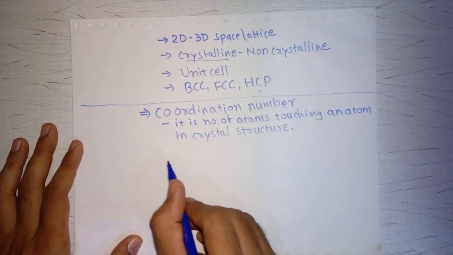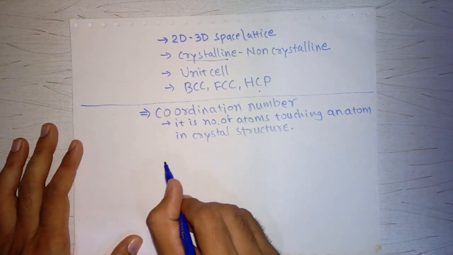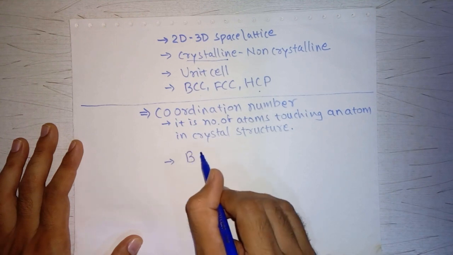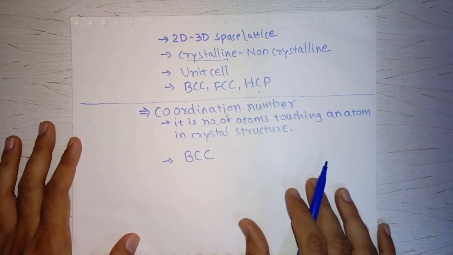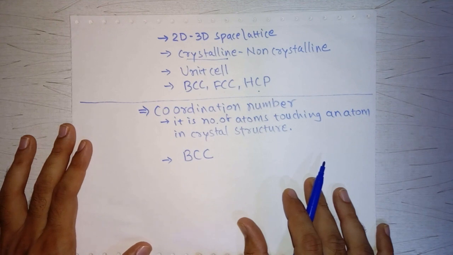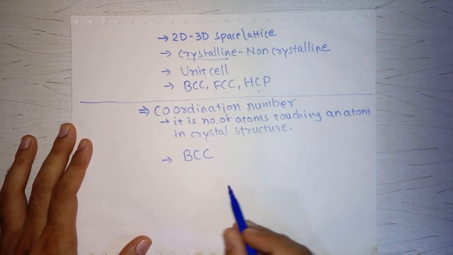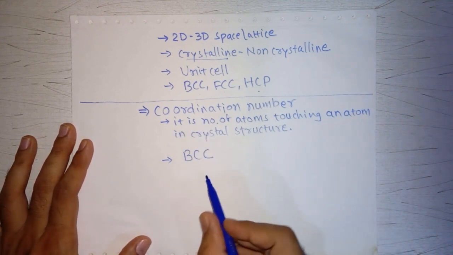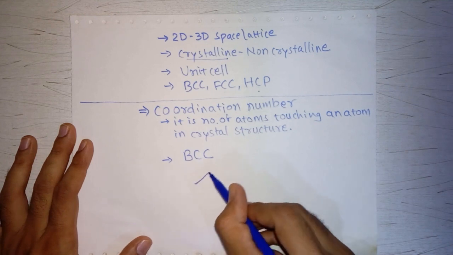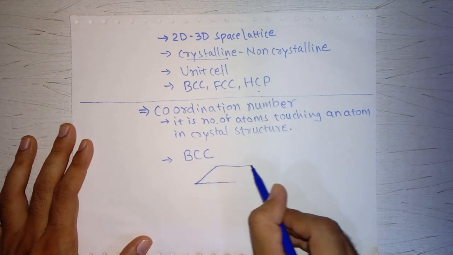Let's first see BCC. Now in the previous lecture we represented the BCC unit cell like this.